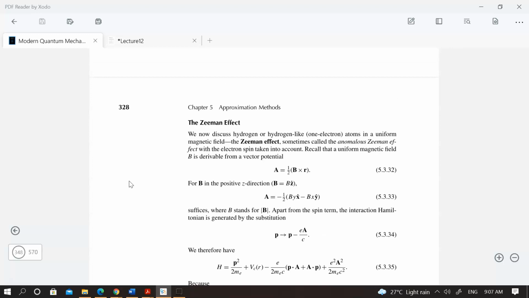This can be done in this particular form. Your potential is given by your magnetic field here, and using the gauge potential really requires you to choose a particular gauge. You need to choose a gauge. And the gauge being chosen here is essentially your symmetric gauge.